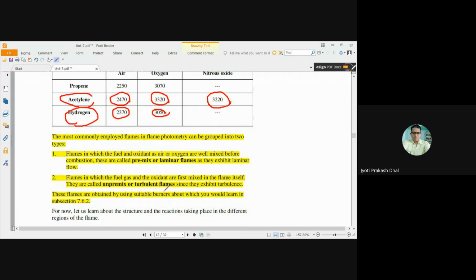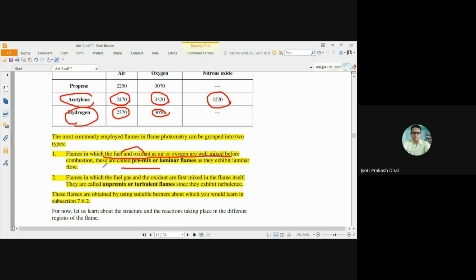The most commonly employed flames in flame photometry can be grouped into two types. The first is the flame in which the fuel and oxidant, air or oxygen, are well mixed before combustion.